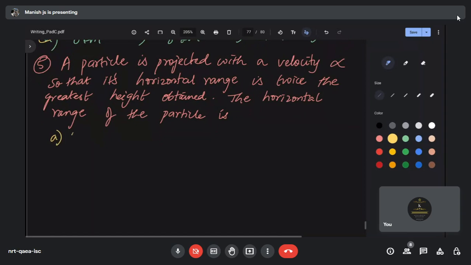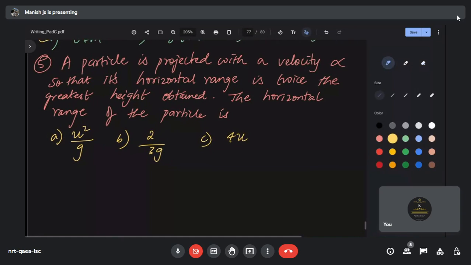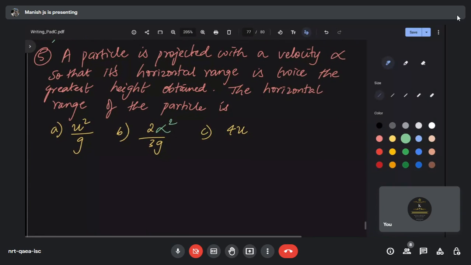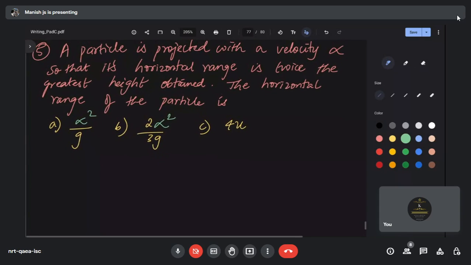Option A, u square by g. Option B, 2u square by 3g. Sorry, we are changing it. In place of u square we have alpha, so we'll put alpha. So it is option A, alpha square by g. Option B, 2 alpha square by 3g.